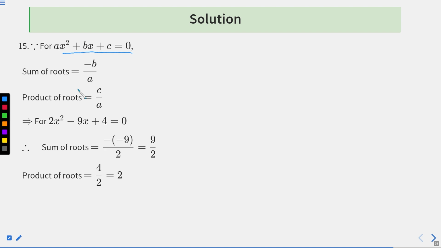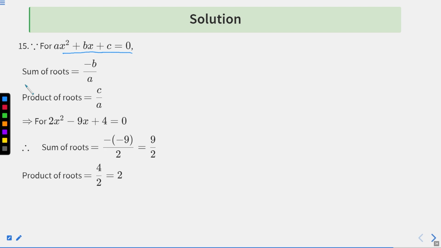We have studied the relationships between zeros of a quadratic polynomial and its coefficients. From that topic we get this relation: the sum of zeros is equal to minus of the coefficient of x by the coefficient of x square, and the product of zeros is equal to the constant term by the coefficient of x square.